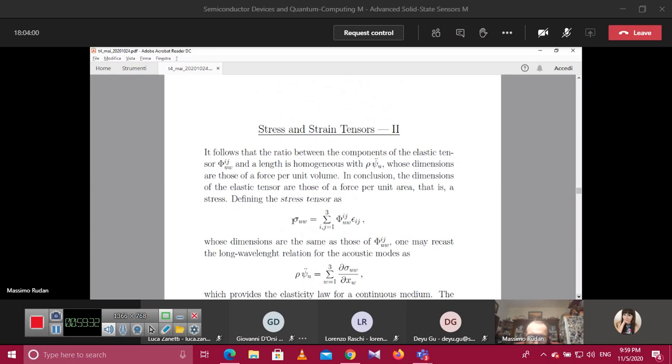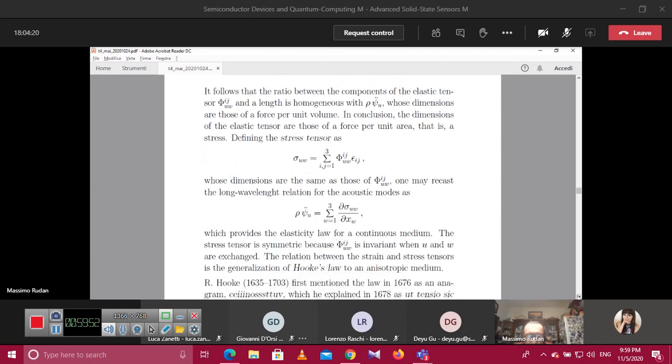That is, we are considering the acoustic modes at long wavelengths near the origin of the angular frequency, okay? The dynamics of the displacements simplifies to this relation, that is that the acceleration times the density, the acceleration of the individual component of the displacement, is equal, this is essentially the divergence of the stress tensor. Okay?